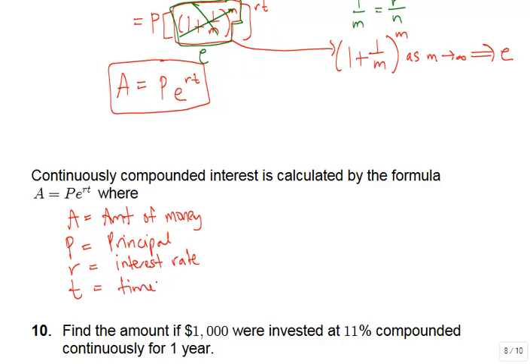So if you go to a bank and they let you compound your interest continuously, that's the word or phrase that is going to give away this formula. Anytime you see this word continuously, then you're going to want to use the PERT formula. So if you're getting compounded interest continuously, then it's going to be determined by this PERT formula.